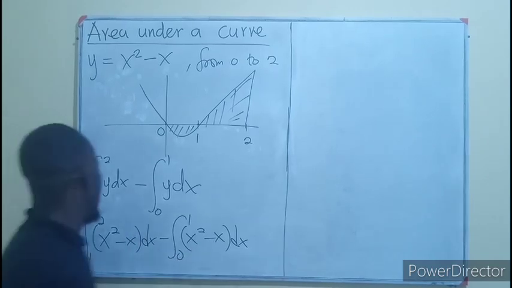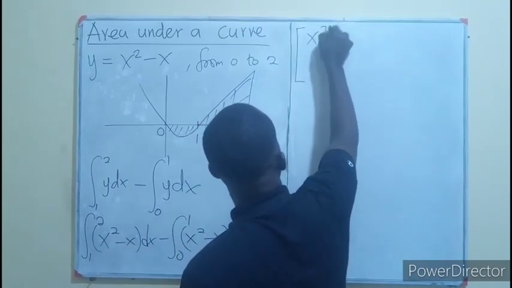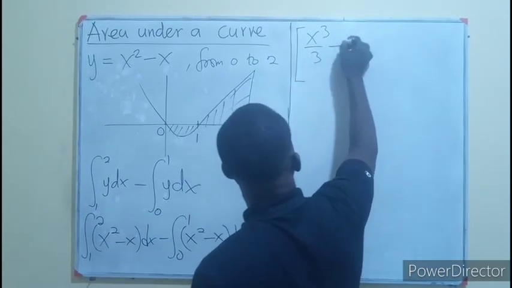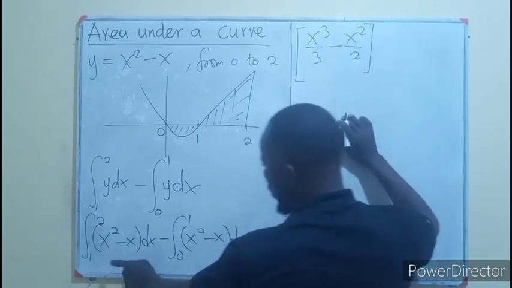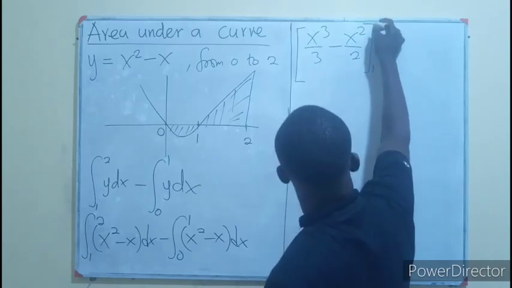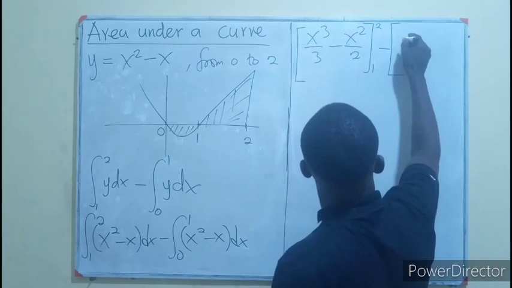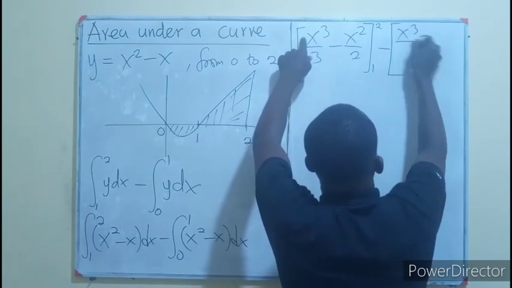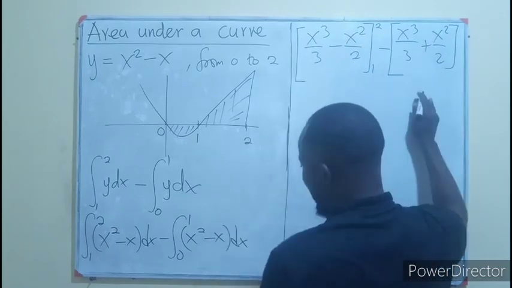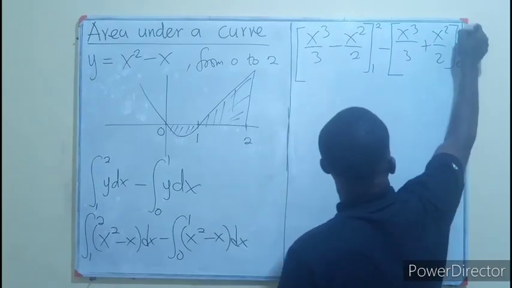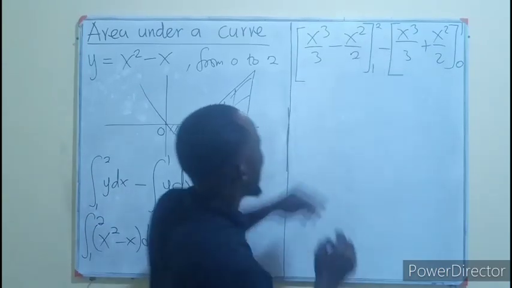The same way, I'll be having x to the power 3 over 3 minus x squared over 2, which is going to be from 1 to 2, minus, I still have x to the power 3 over 3, x squared over 2, spanning from 0 to 1.